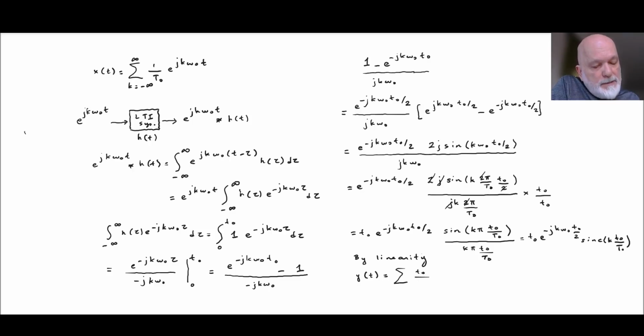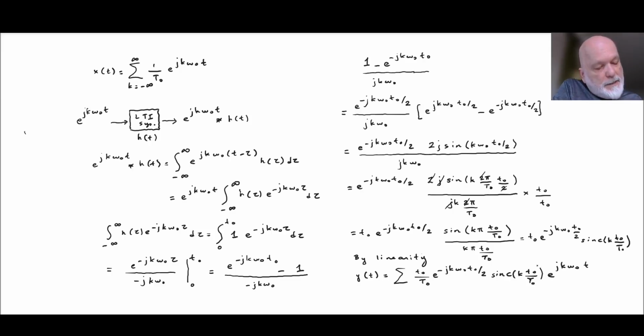So we have t0 over capital T0 e to minus jk omega 0 t0 over 2 and sinc k t0 over capital T0 multiplied by e to jk omega 0 t.